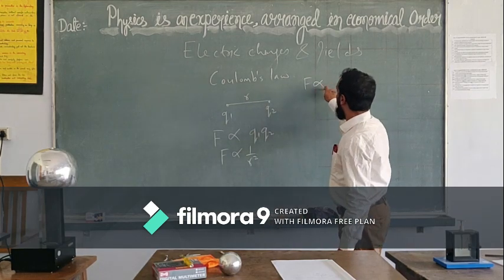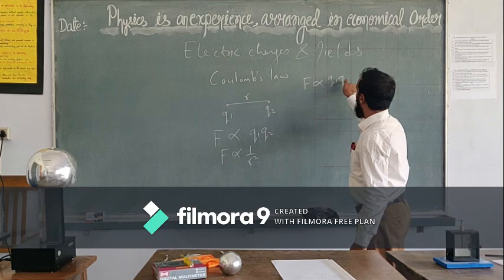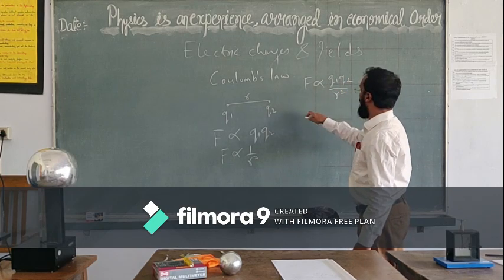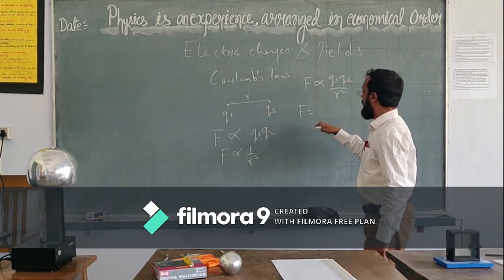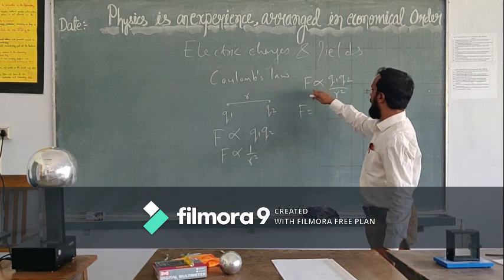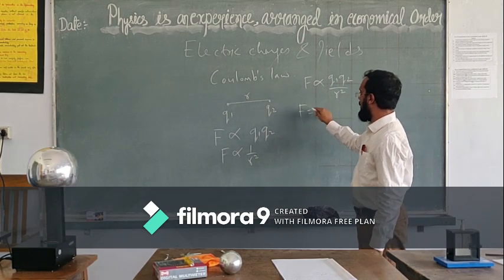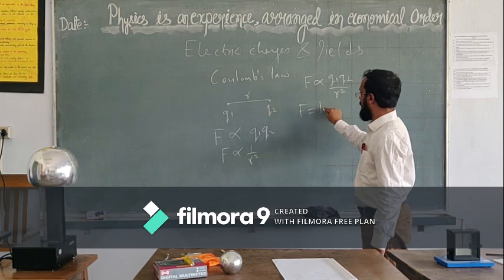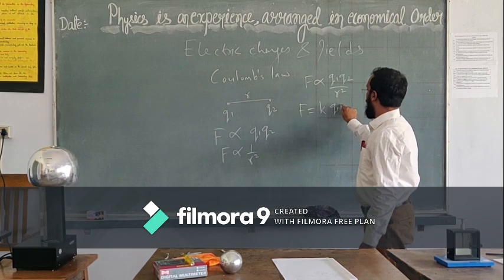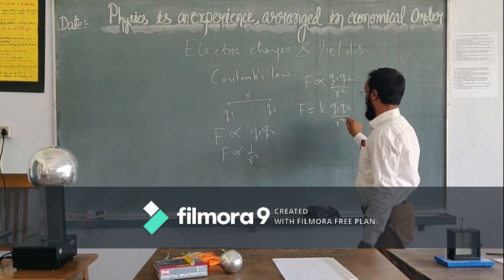Now if we write both together, you get F proportional to Q1 Q2 by R square, and if we remove the sign of proportionality, we have to put a proportionality constant K: F equals K Q1 Q2 by R square.